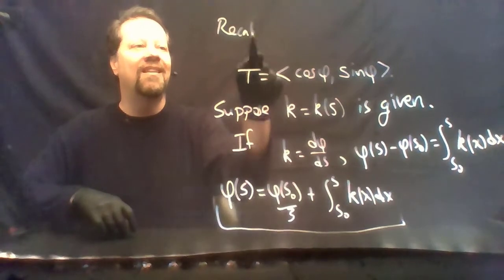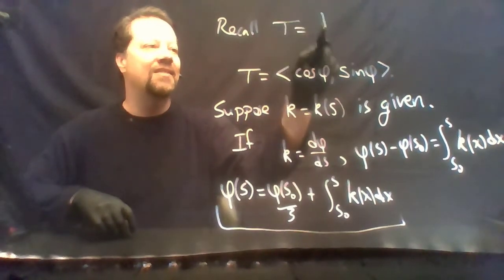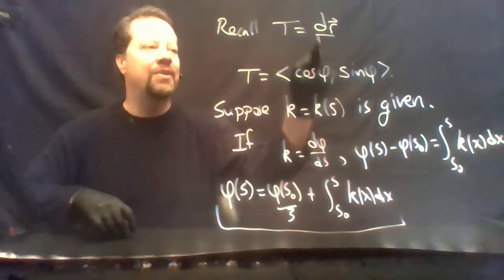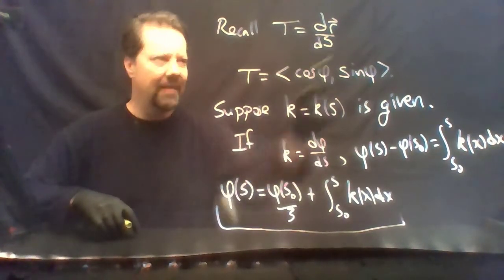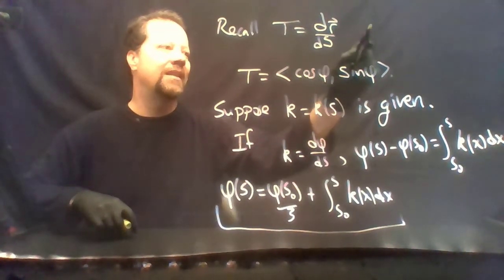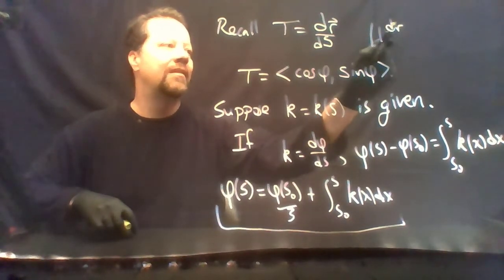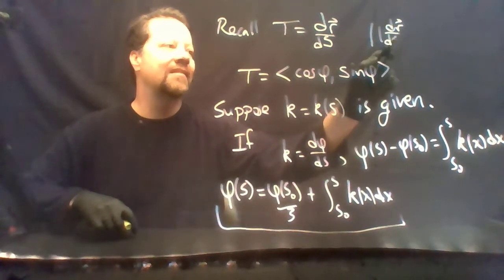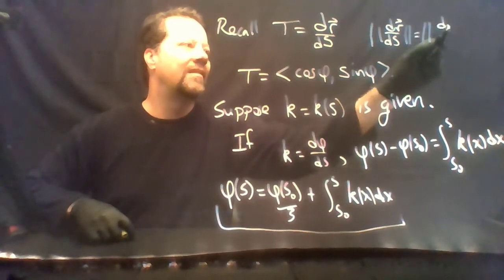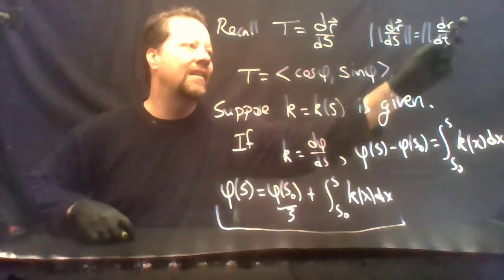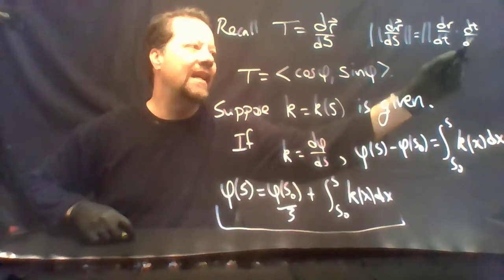Recall that T is the derivative of position with respect to arc length. That's true because the norm of dr ds is the norm of dr dt times dt ds.